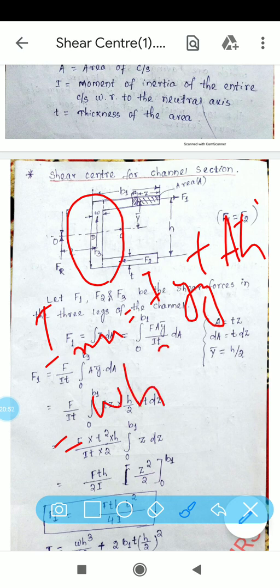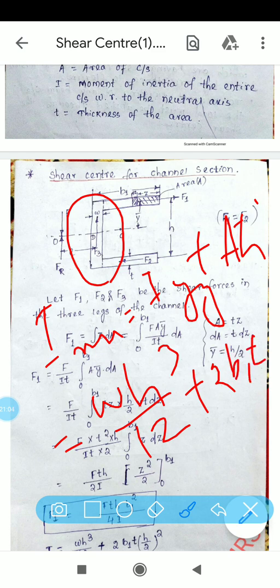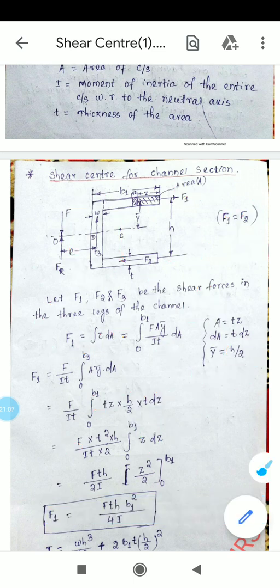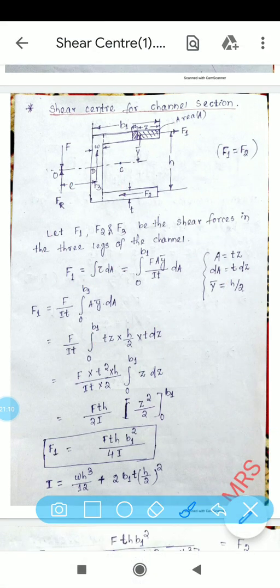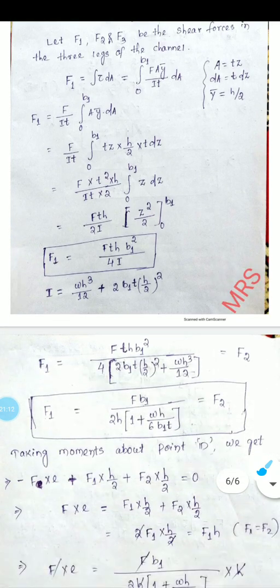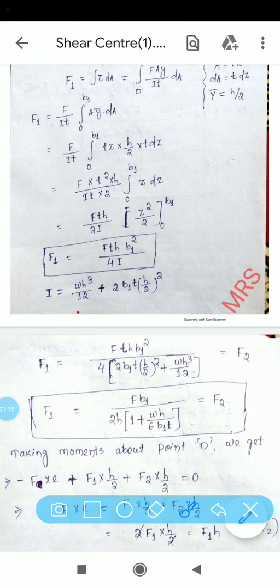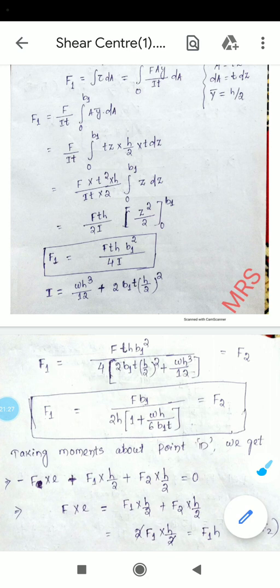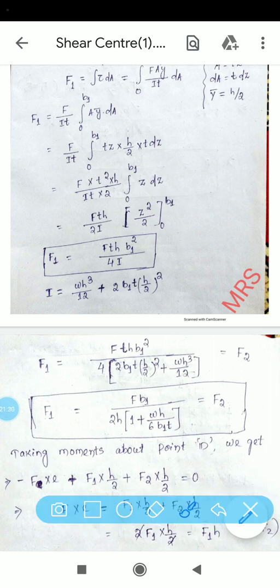So w h cube by 12 plus area, which is b1 into t, so 2 into b1 into t, because one is the upper section and one is the lower section. So I is equal to w h cube by 12 plus 2 b1 t into h by 2 whole square. Then put all values. Then the final value of F1 is equal to this one. So F1 is equal to F2.